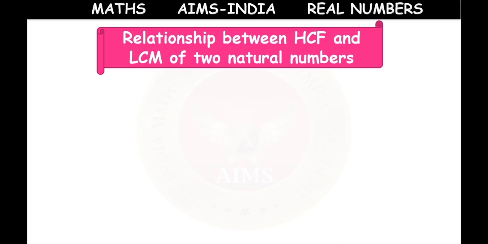If we are given two numbers, we will find out their HCF, and we can find their LCM. Now the question is, is there any relation between these four numbers? Given two numbers, their HCF is one number, their LCM is another number. The relation between these four numbers, that we have to learn.